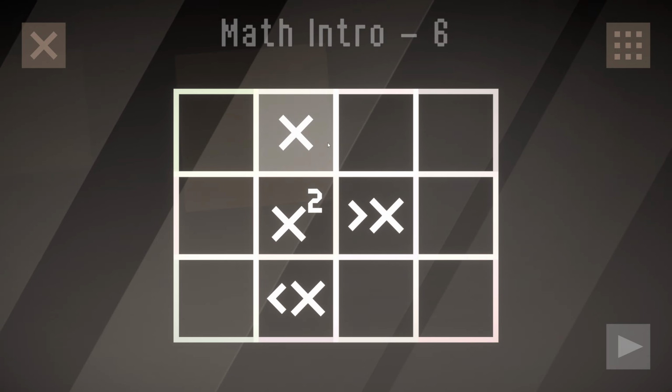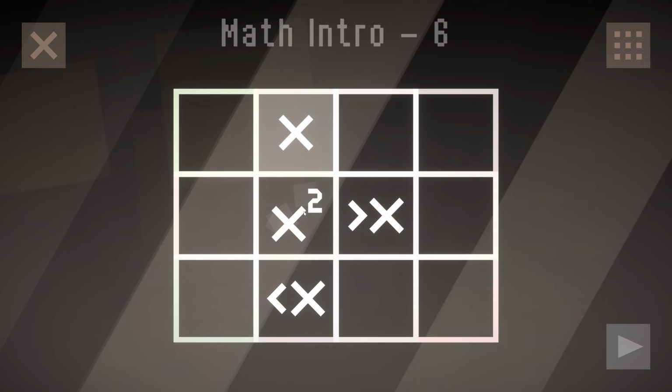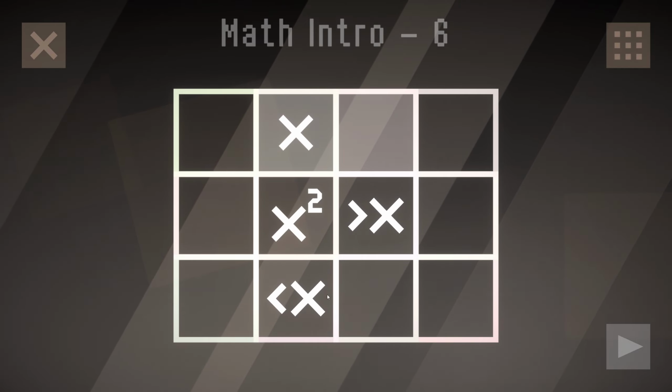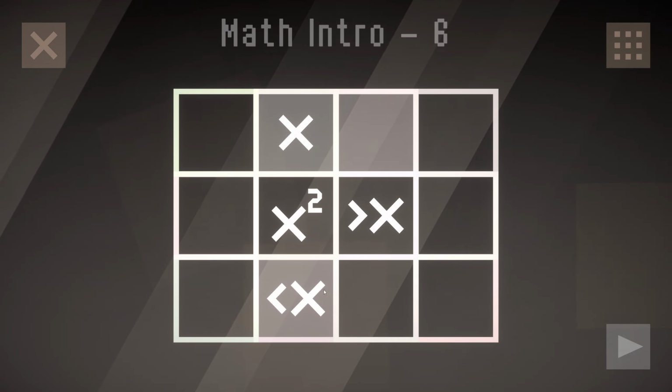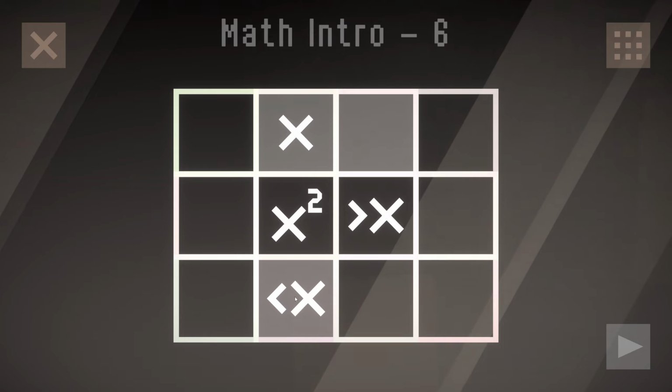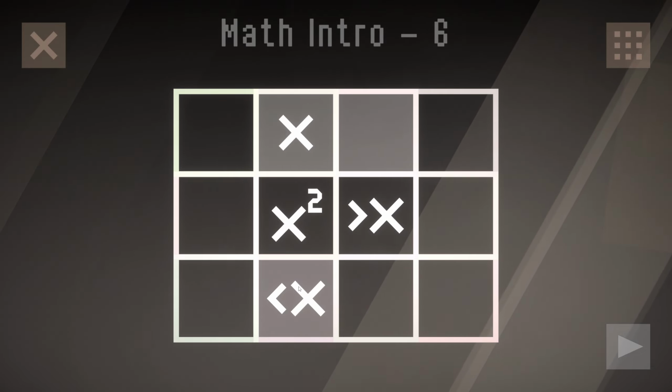X, not this. This perhaps? I think this has to be 1. If X is 2 and X squared is 4, less than X is 1.